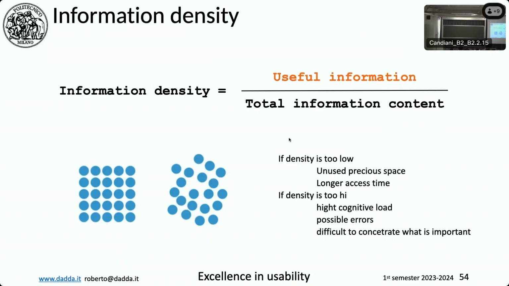But on the other side, if you have too many things, there is a high cognitive load. People stay for a long time. I told you that measurement of time is important for trying to understand what's happening. You have possible errors, because if there are many links all together, it's very easy to swipe and go to the wrong one. And it becomes very difficult to concentrate on what is important.